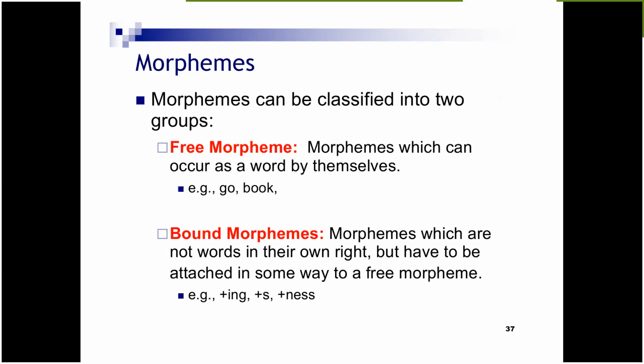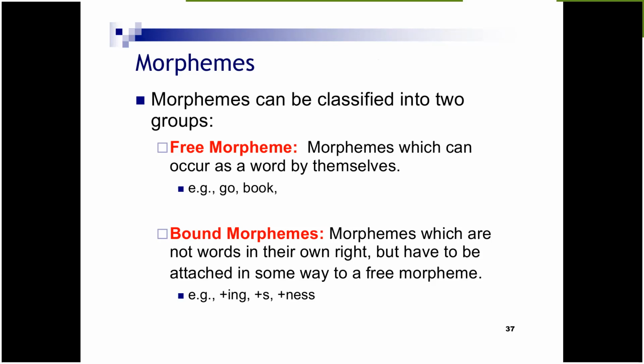So there are two types of morphemes. They are the so-called free morphemes, which basically are morphemes that don't have anything else attached to them. So you have a verb like go, it's a morpheme. It doesn't have any prefix, doesn't have any affix. So you just have it as a single morpheme, so a single word.